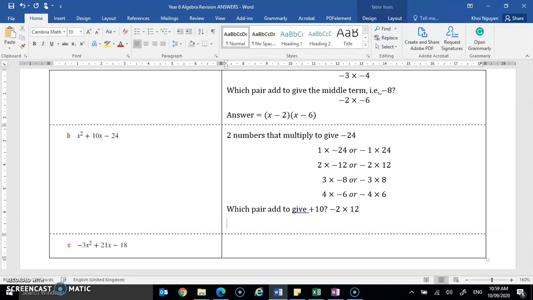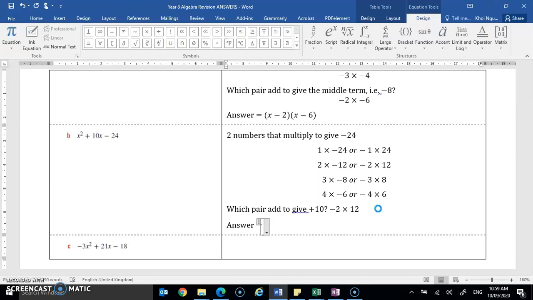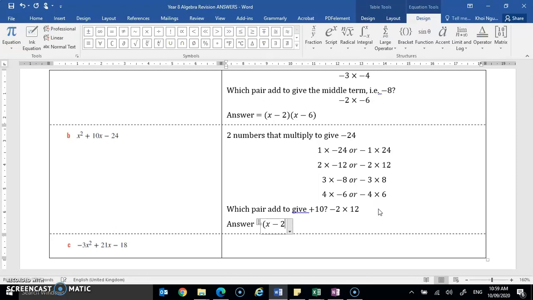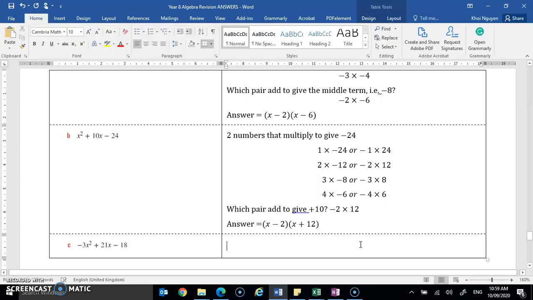So our answer would be x minus 2 and x plus 12.